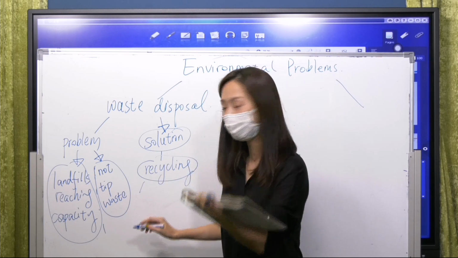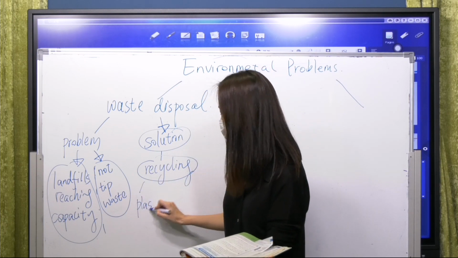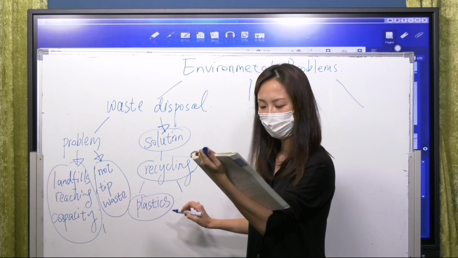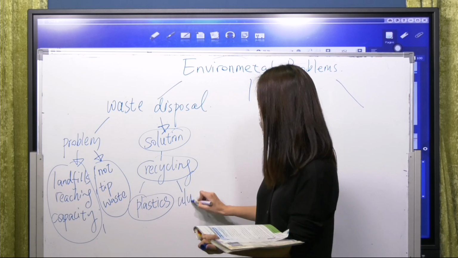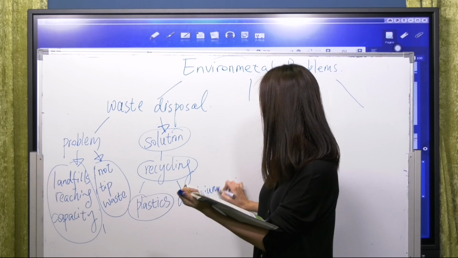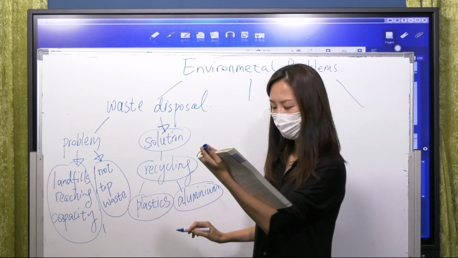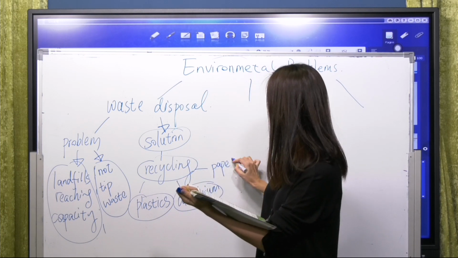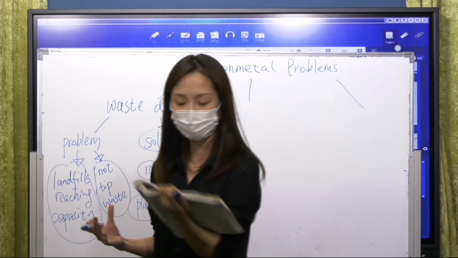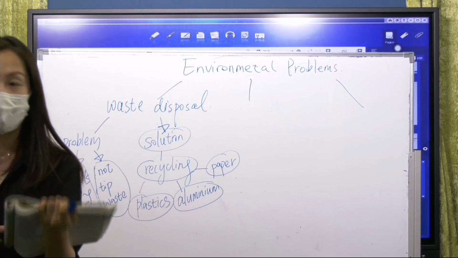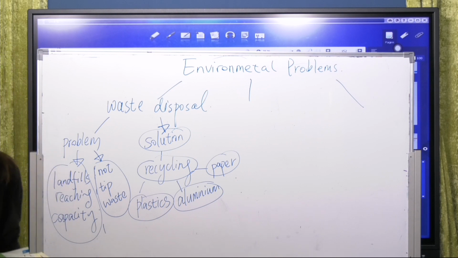For example, separating plastics, aluminiums, and also paper. OK，回收膠啦、罐頭啦，同埋紙啊。So this is your solution, right? So this is for the waste disposal.